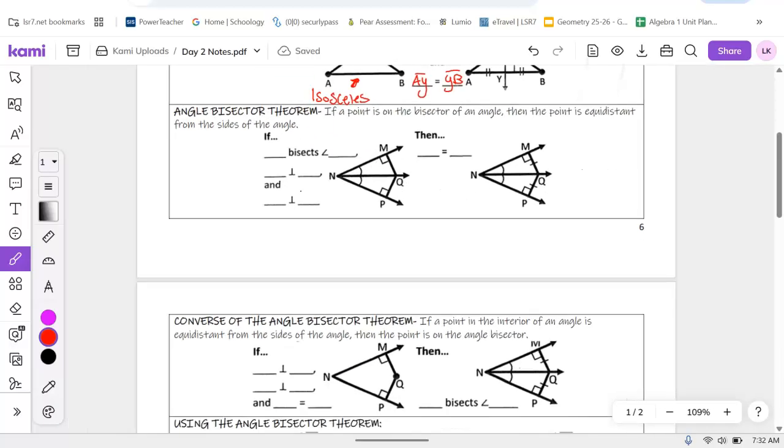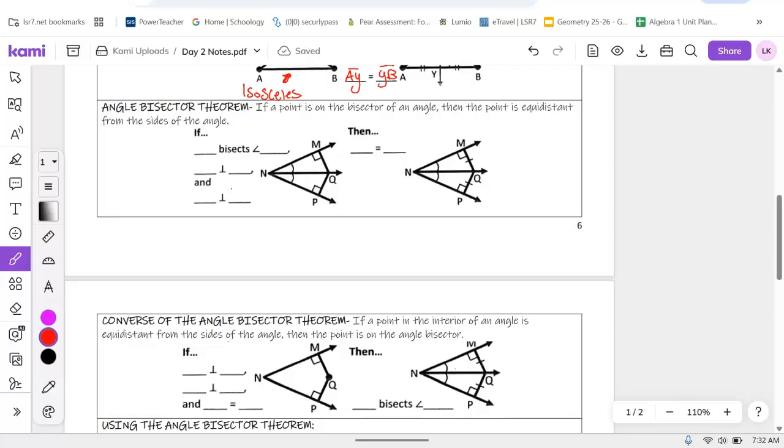Okay, now let's look at the angle bisector theorem. If a point is on the bisector of an angle, then the point is equidistant from the sides of the angle. So basically we're going to be given this and we're proving this, okay?